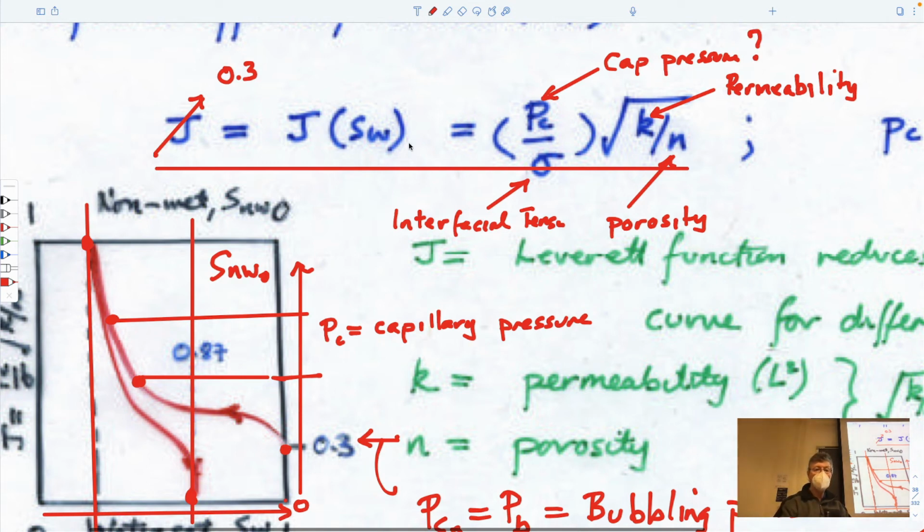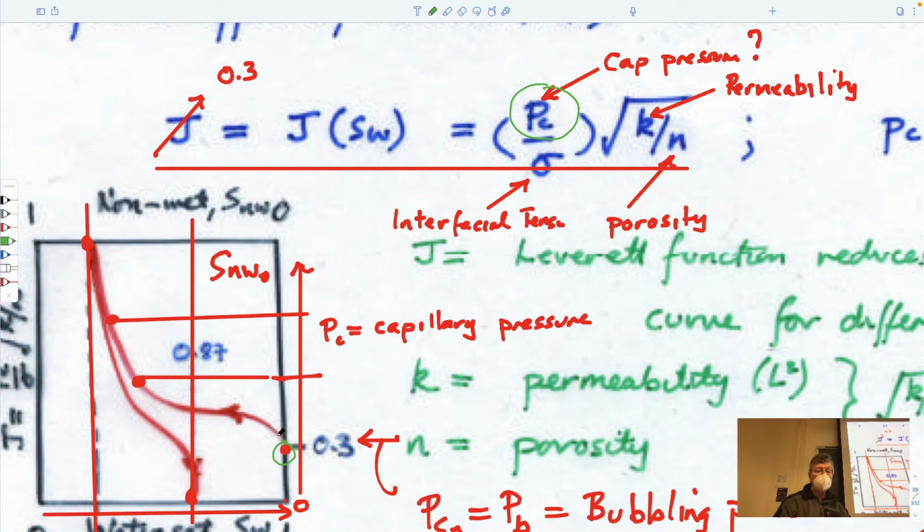From this equation, the only parameter that we wouldn't know would be the capillary pressure, which of course is this curve. And if we wanted to know this very distinct capillary pressure here, when the bubble first goes into the porous medium, that's the same as the bubble being excluded from going into this lens. And so we'd be interested to know exactly what this is.